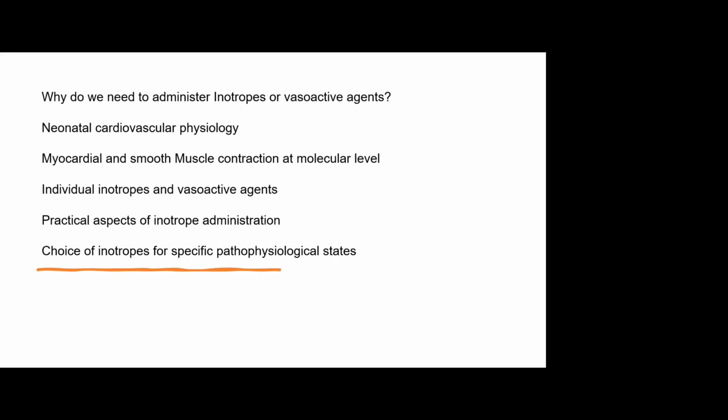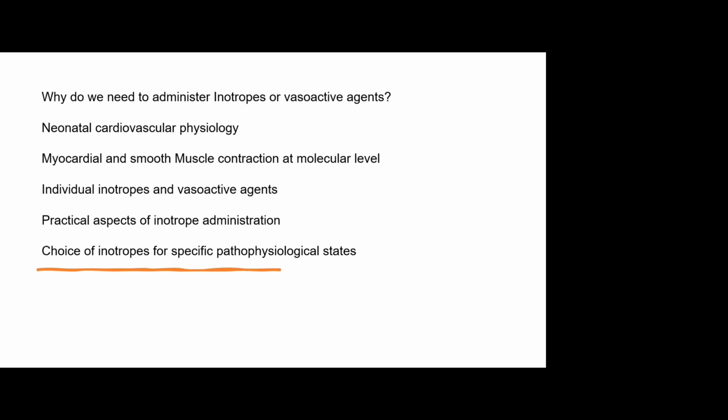And we look at the individual inotropes and how they act on this excitation contraction coupling and how they augment that action. We'll also look at some of the practical aspects which are more relevant to the system we have in the NHS and in our hospital.